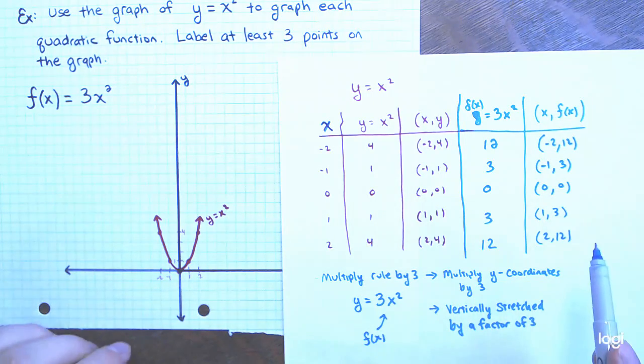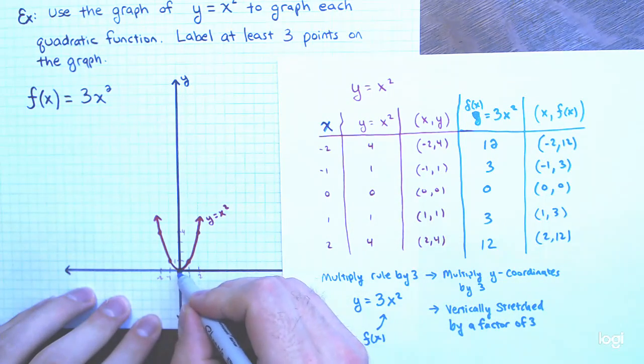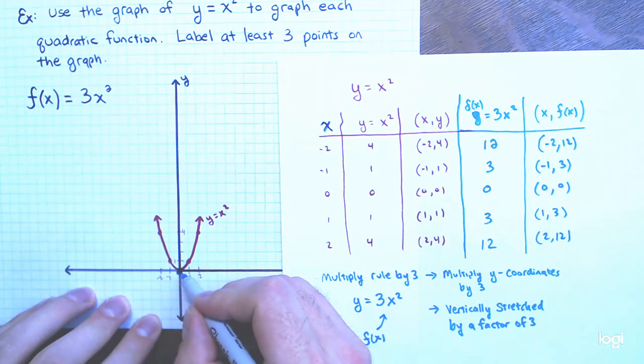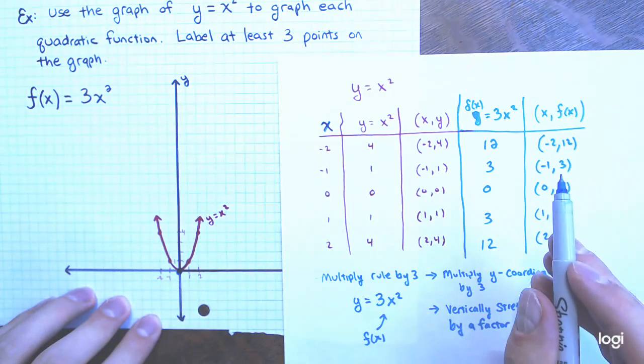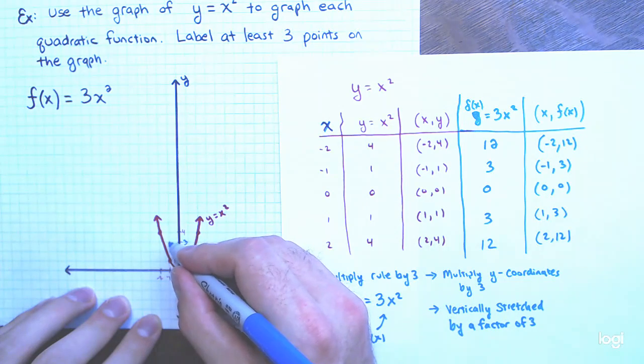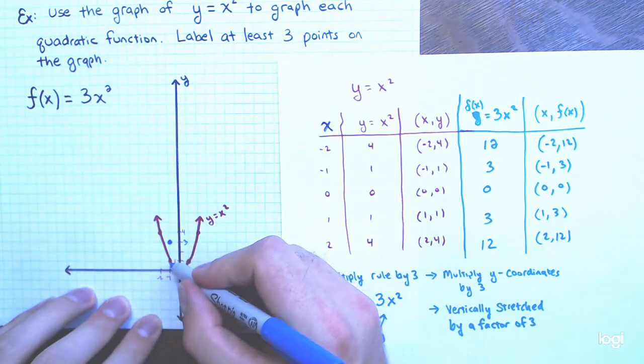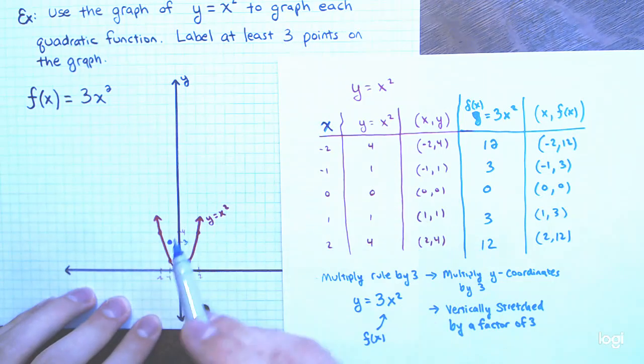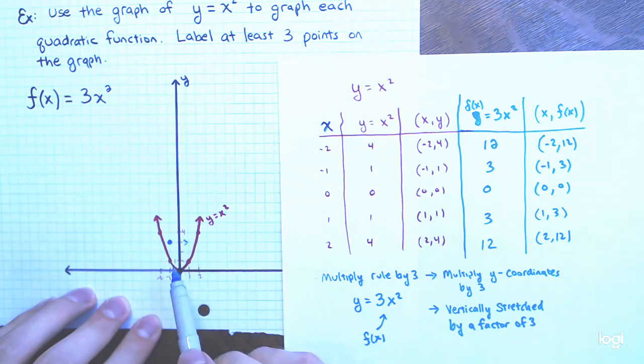So notice we still have (0, 0). Again, the x-intercept's not moved, so that point's still on the graph, the origin. Now I have (negative 1, 3) instead of (negative 1, 1). So there's the stretch, by a factor of 3. Points on the graph are pushed away from the x-axis, stretched out vertically.